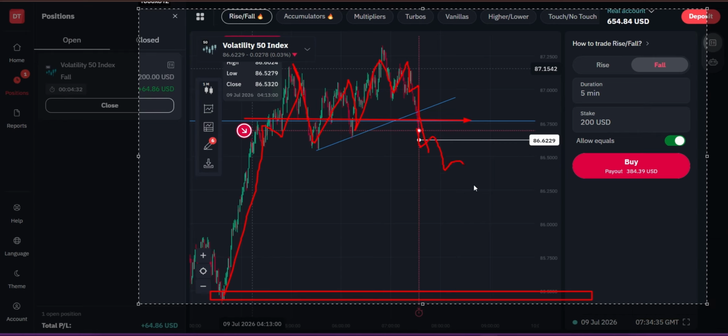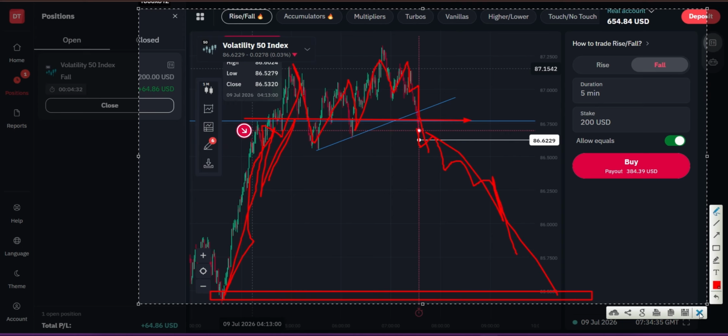Because this is the most repeated thing in binary options. If you see a type of market on the left side, we can expect the same type of market on the right side almost 90%. So that's why this momentum has now been repeated on the right side after breakout, this consolidation.